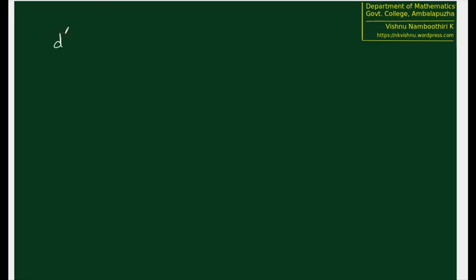Now, D dash divides A and D dash divides B plus A, which together imply that D dash divides the linear combination B plus A minus A. This implies that D dash divides B also.